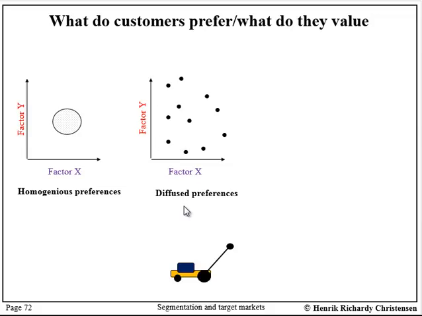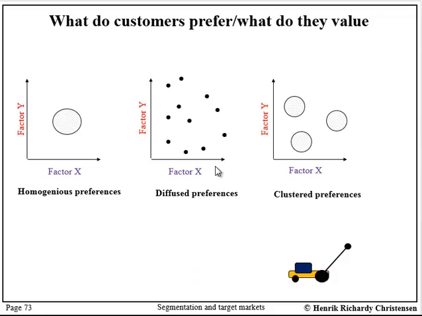And it can be quite difficult to make a good segmentation and end up choosing a segment here that will be our target group that can actually make a profit for us, because it can be difficult to find and hit everybody in the marketplace when they have such diffused preferences for the different factors, for price, quality, etc.